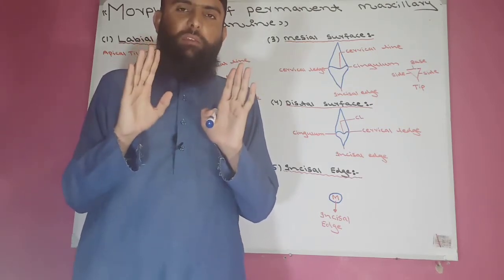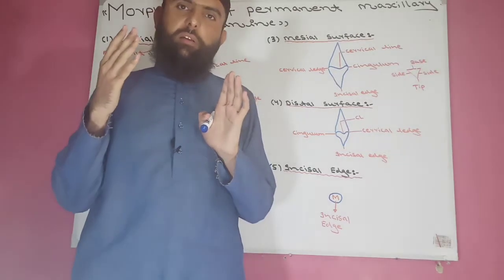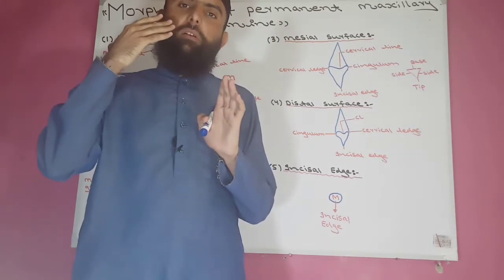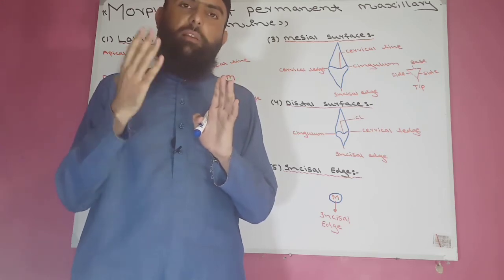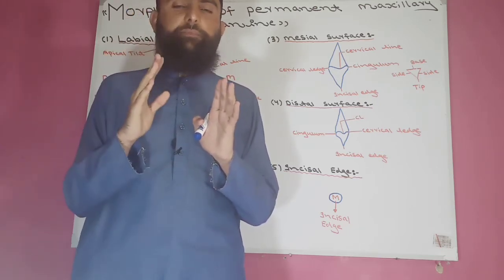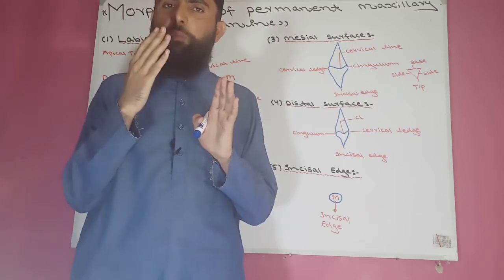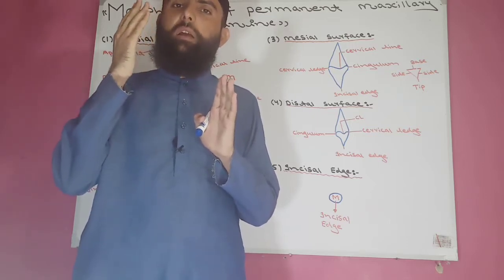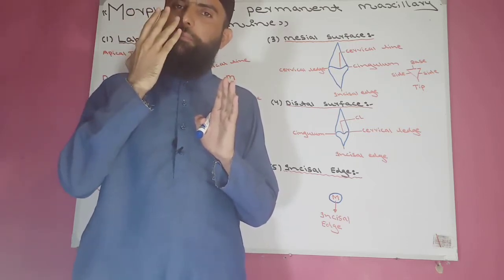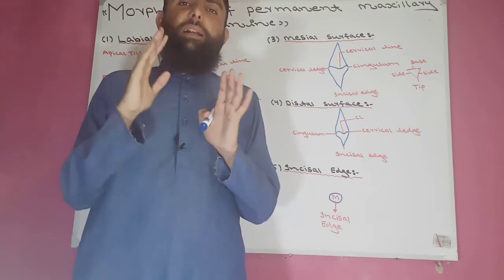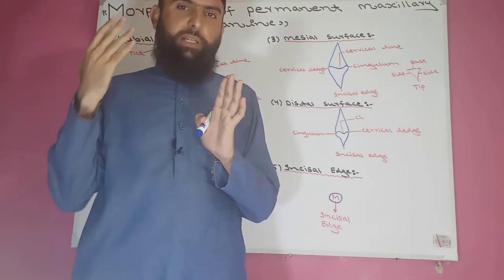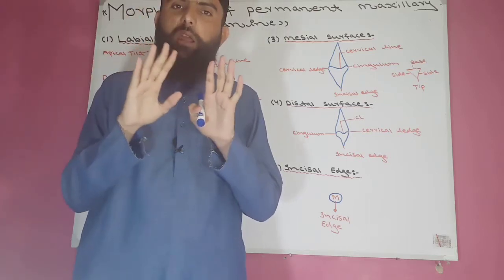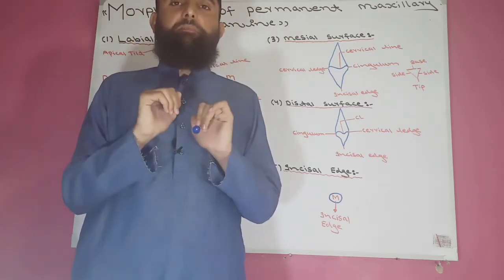The first surface is the labial surface, the surface toward the lip, and the second is the palatal surface, the surface toward the palate. Third is the mesial surface, the surface of the tooth toward the midline of the body, and the fourth surface is the distal surface, which is away from the midline, and the fifth is the incisal edge.